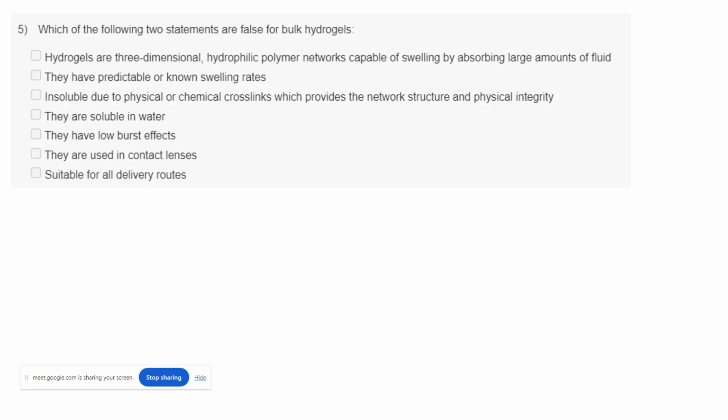Option 4 and 7. Okay. 4 and 6. Okay. You have to select two statements that are false.